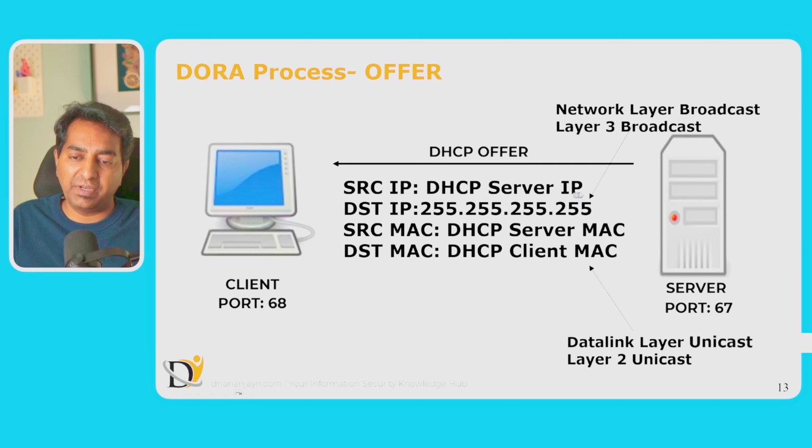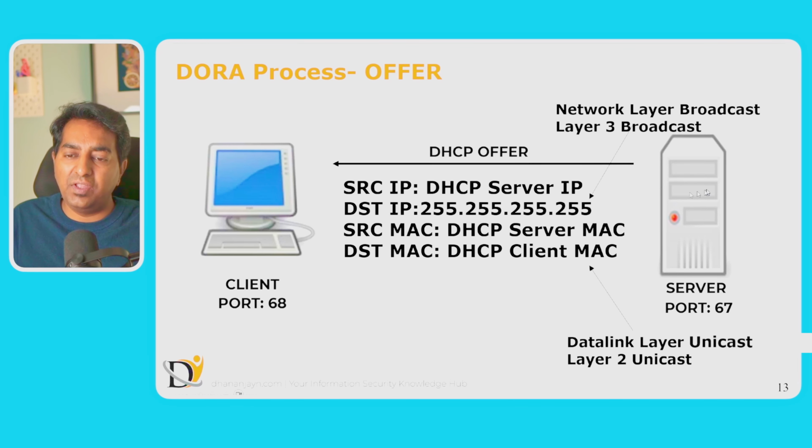As this computer has not received an IP yet, the DHCP server does the broadcast this time. But while sending the reply, the DHCP server puts its MAC address in the frame, and the destination MAC address is the MAC address that was received from the source during the discover phase.